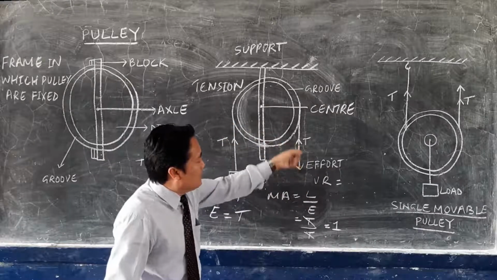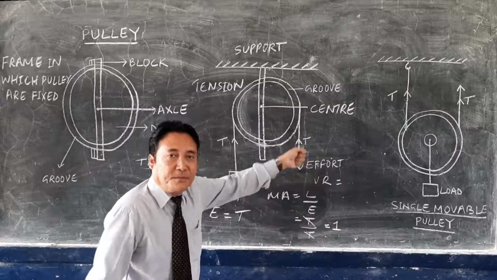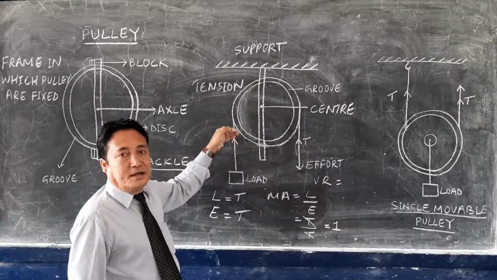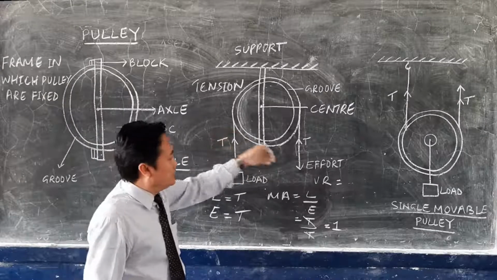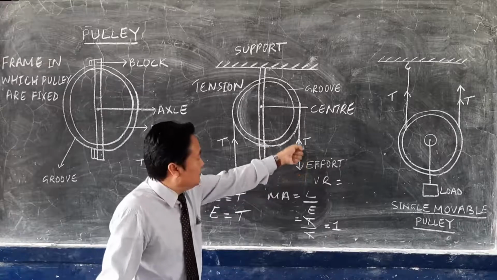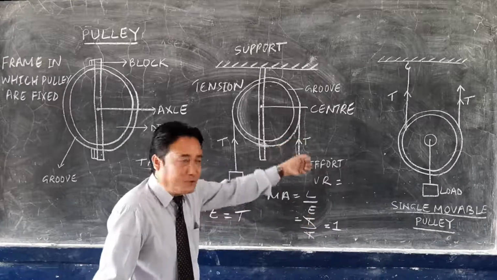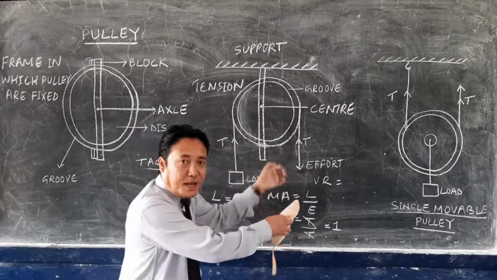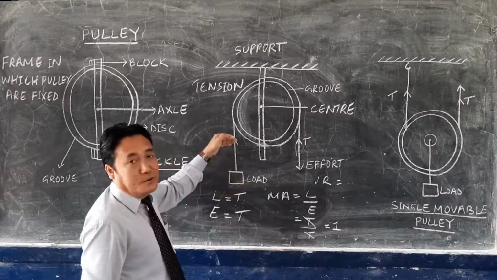Whatever the distance you pull, the same distance the load will travel. When you pull one time, it will move up. Then again you keep on pulling, and the load keeps on moving up.